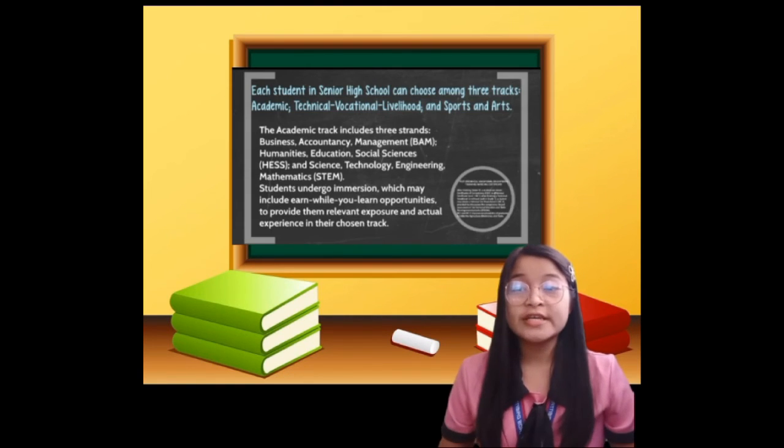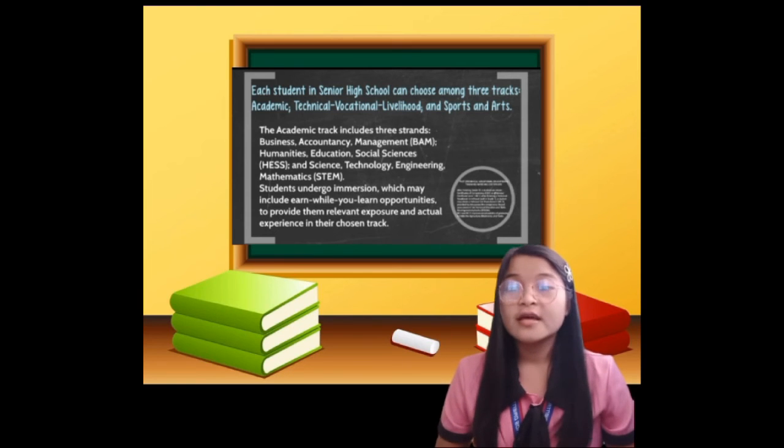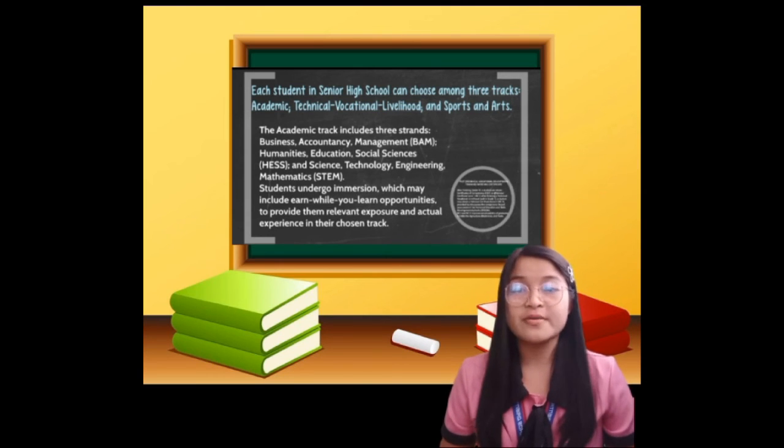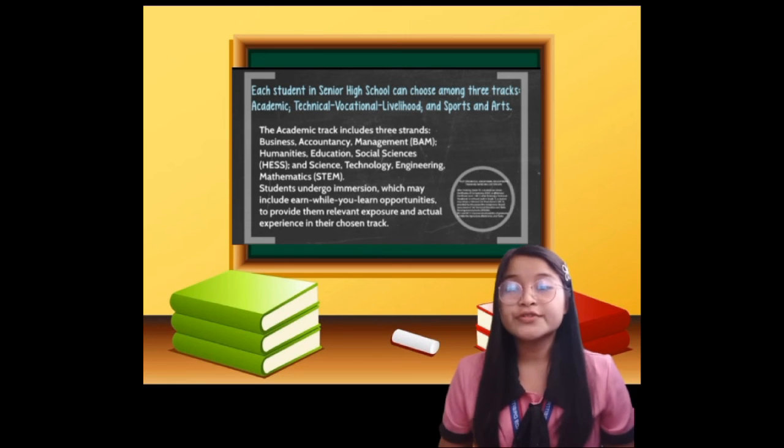Each student in senior high school can choose among 3 tracks: the academic, the technical vocational livelihood or TVL, and the sports and arts. The academic track includes 3 strands: business, accountancy, management or BAM; humanities, education, social sciences or HESS; and science, technology, engineering, mathematics or STEM.